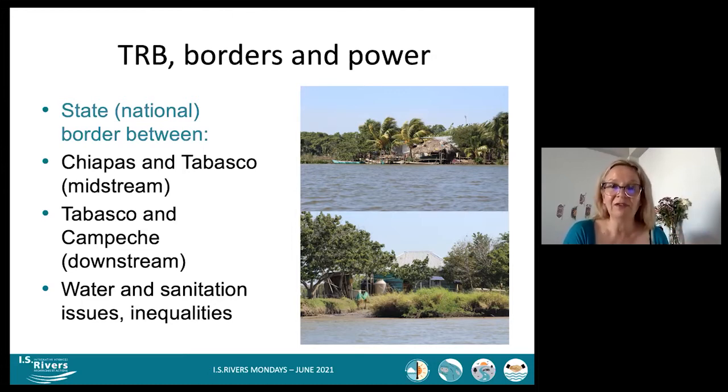The Transboundary River Basin, the international aspect of the river. In Mexico, the river actually also forms the borders between the different states. So between Chiapas and Tabasco midstream, and then second separation, Tabasco and Campeche.